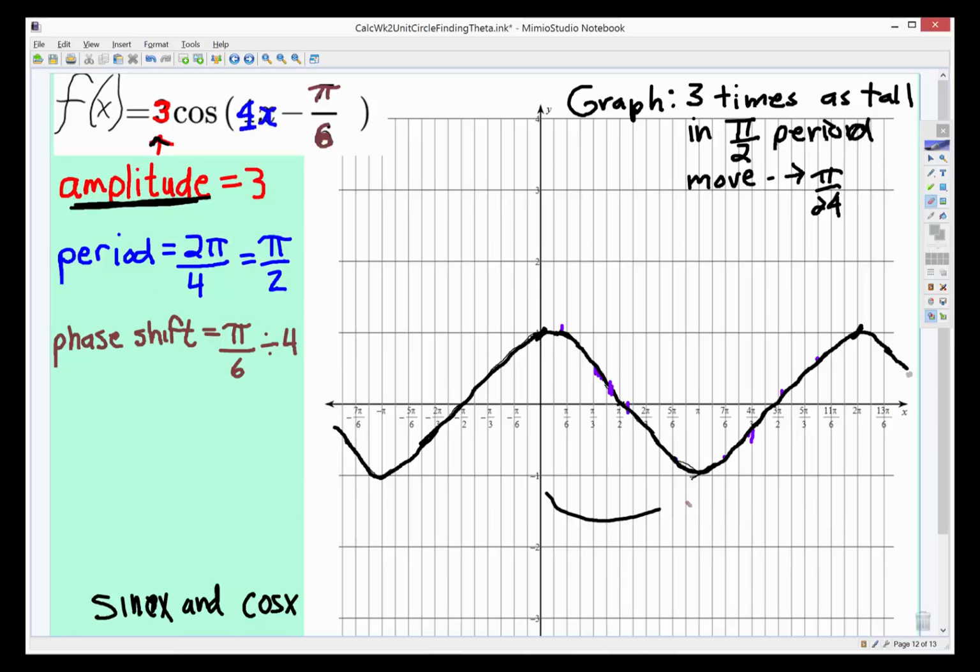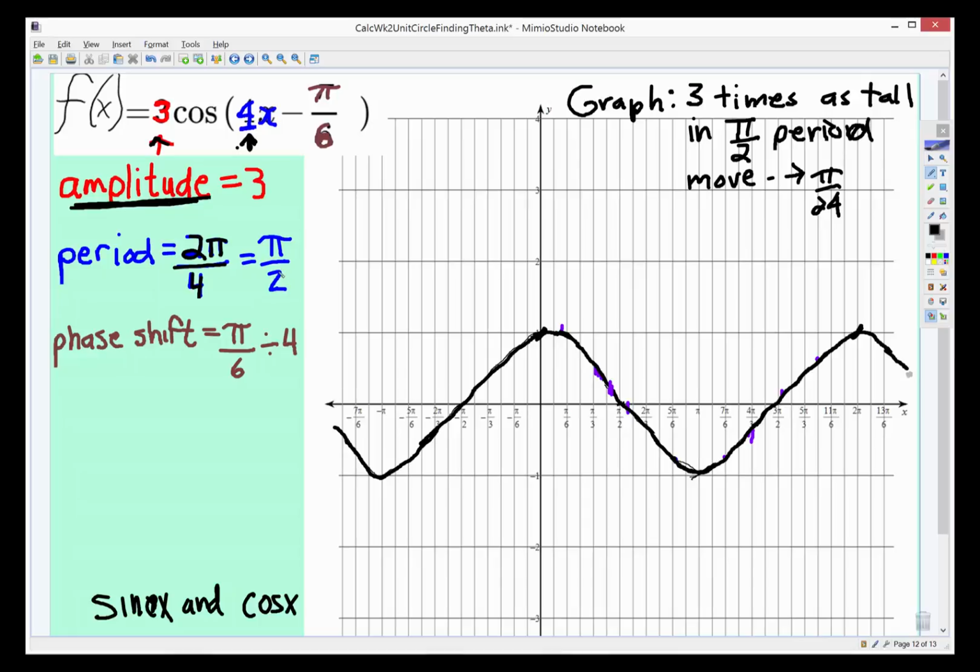So when you're finding the period, if the period is different than that, you're looking at the coefficient to the theta, or coefficient to the x. And this is the process. You take the regular period, which is 2 pi, and divide it by the coefficient, which is 4. Well, 2/4 is the same thing as 1/2, so that is pi halves.